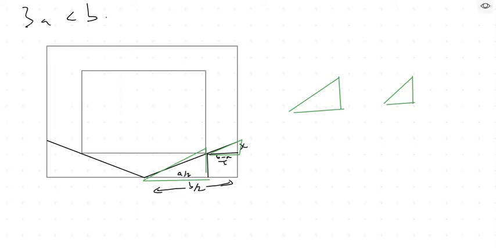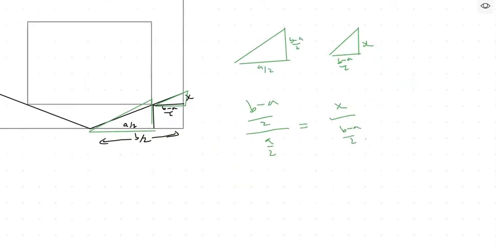We've got A over 2, B minus A over 2, B minus A over 2, and X. So let's use the ratios again. B minus A over 2 all over A over 2 equals X over B minus A over 2. Let's cancel these. B minus A all over 2A equals X.